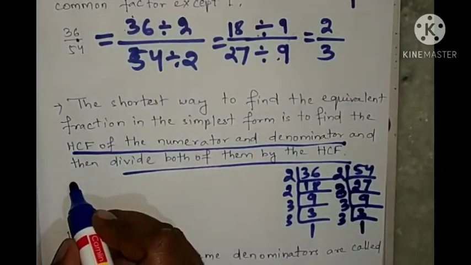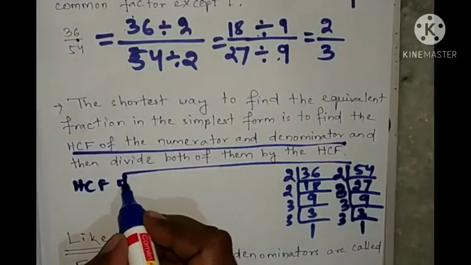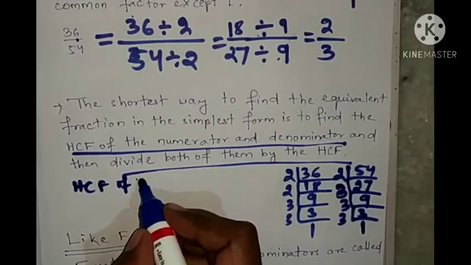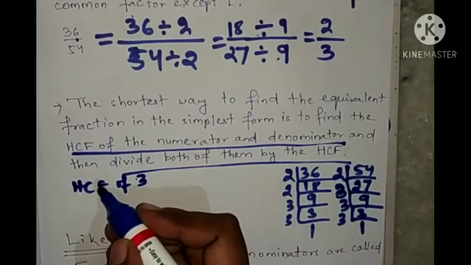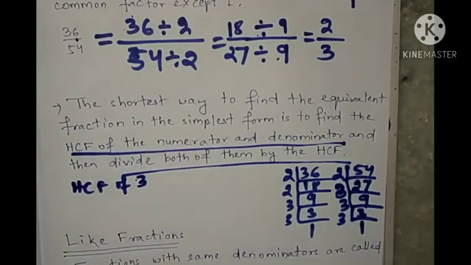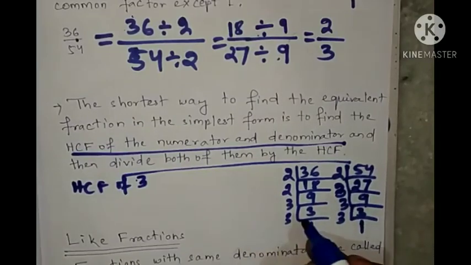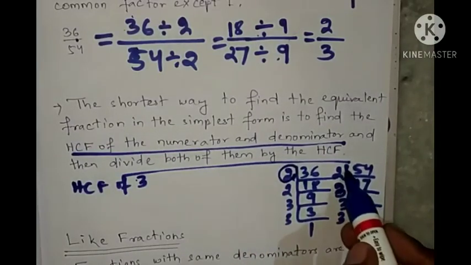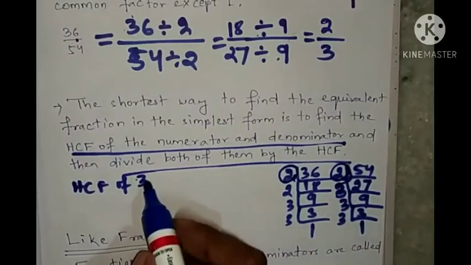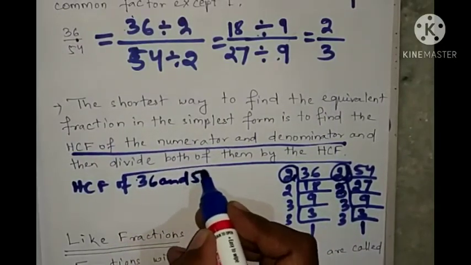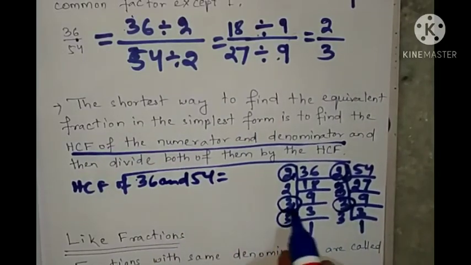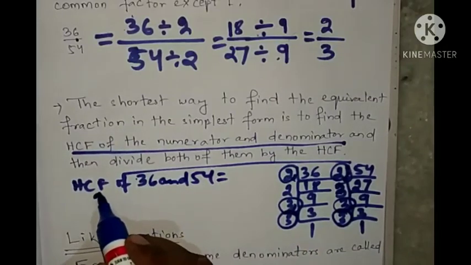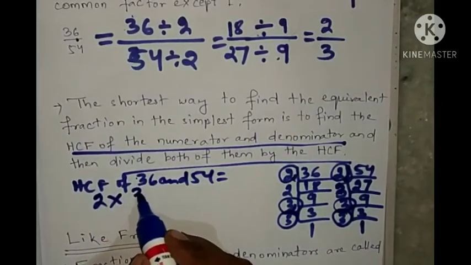So first you will find the GCF. Here a single 2 is common, and 3 and 3. The GCF of 36 and 54 is 2 into 3 into 3.